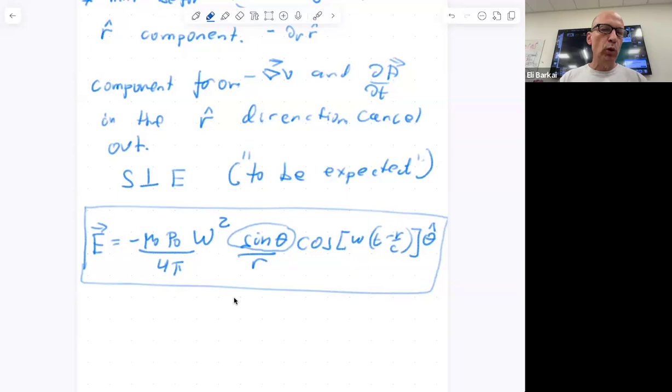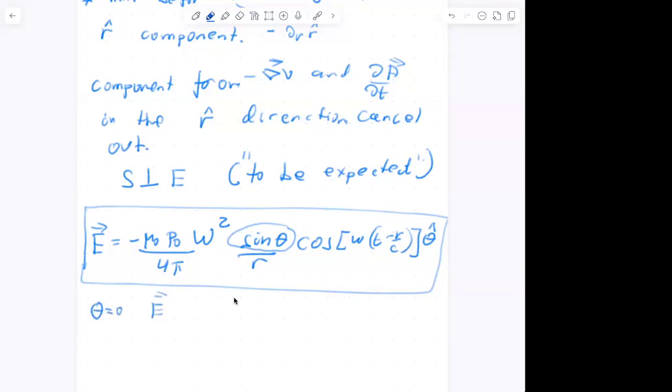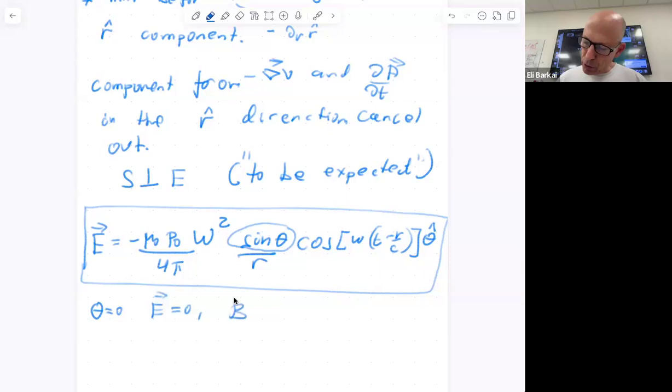That is, if theta is equal 0, what will happen? Electric field is 0. What will happen to the magnetic field at theta equals 0? Also 0. We also expect, and this is also true, B is equal 0. That means S is equal 0.